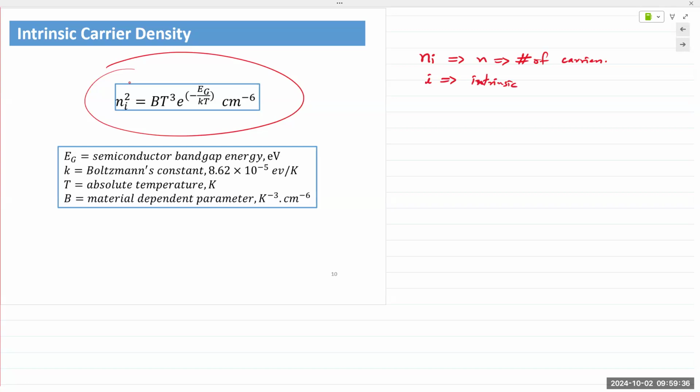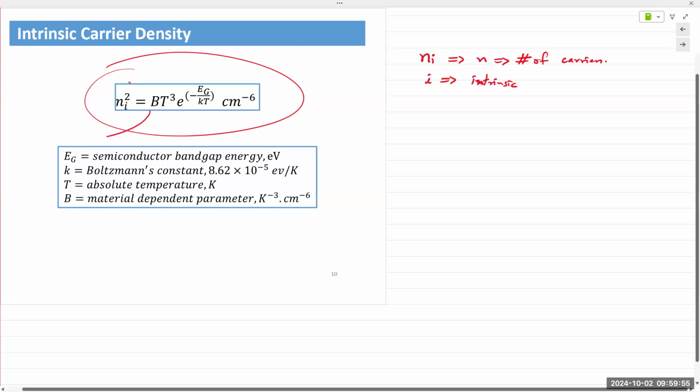This equation has a few terms. Eg and k are constants. Then we have temperature in Kelvin, which would be given to you. B is also a constant.